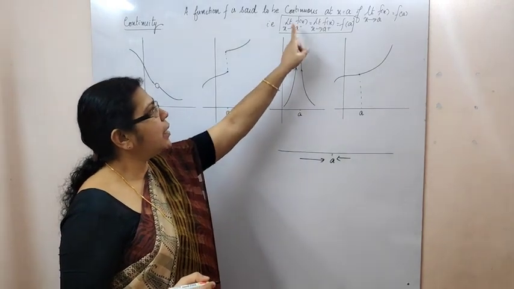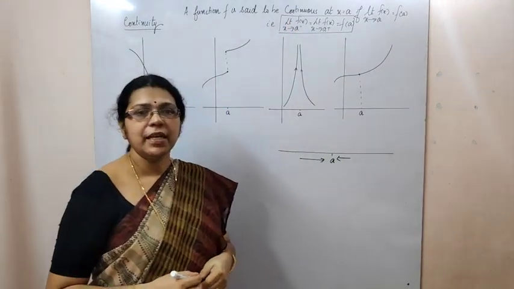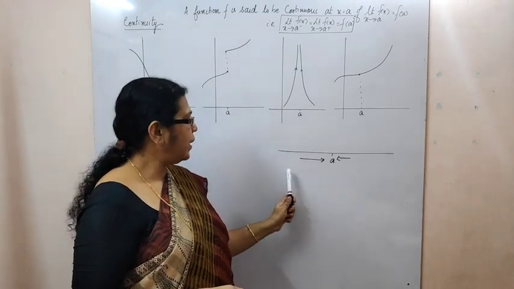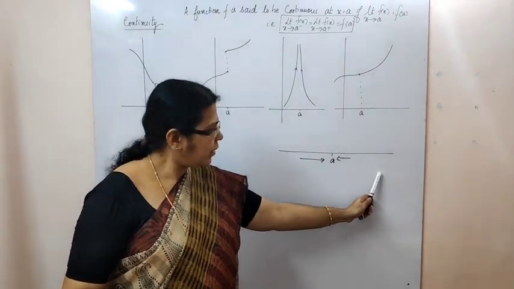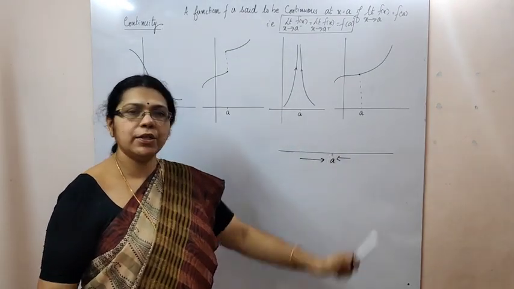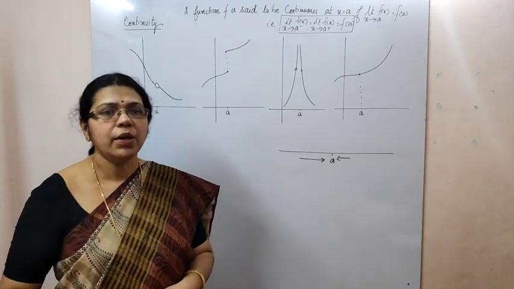So that implies limit x tends to a minus f of x is equal to limit x tends to a plus f of x is equal to f of a, that is the value of the function at x is equal to a.